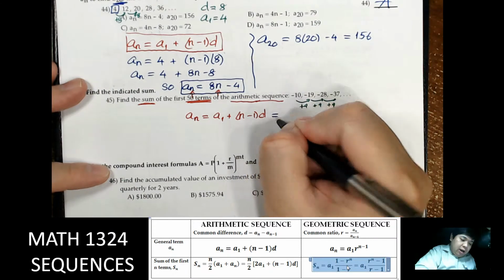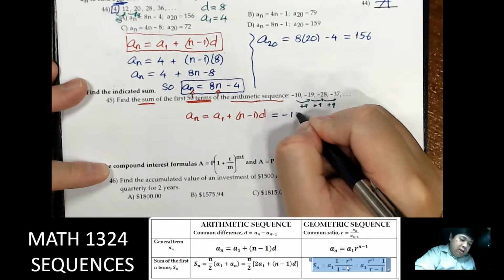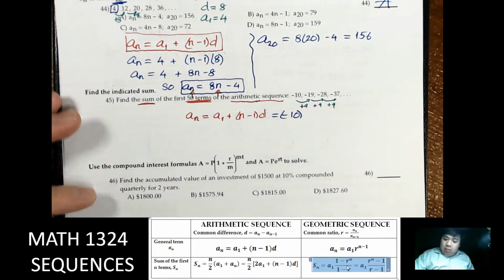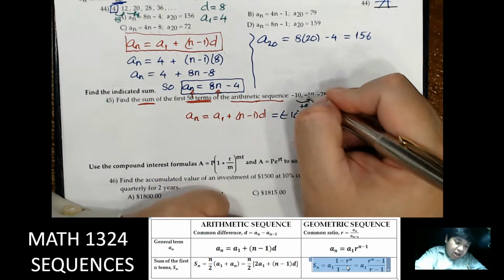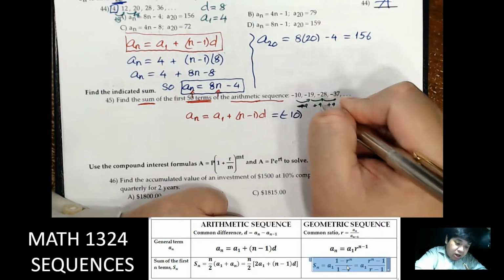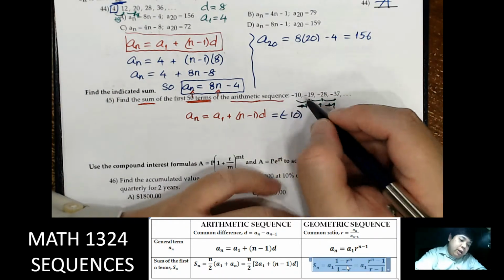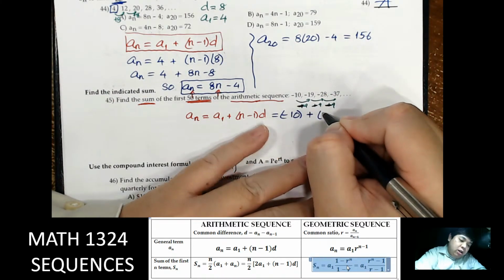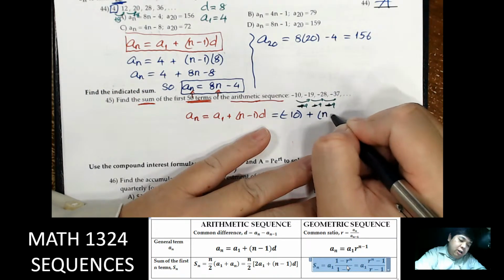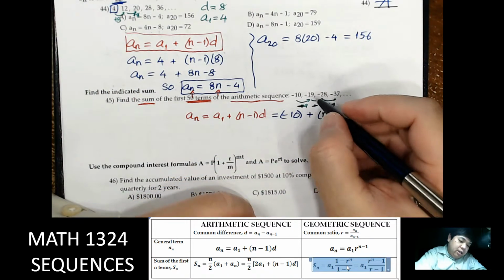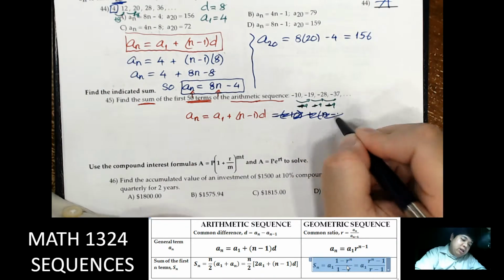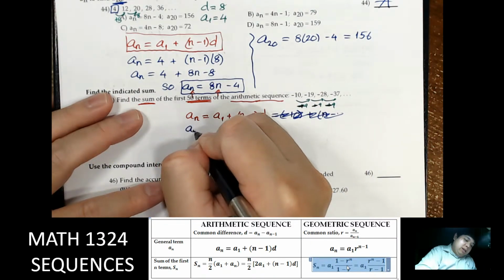Right. a1 is negative 10. By the way, sorry, this is negative 19, so we're going to minus 9 as a difference. So plus n minus 1. And sorry, should not do that. We're going to a sub 50.